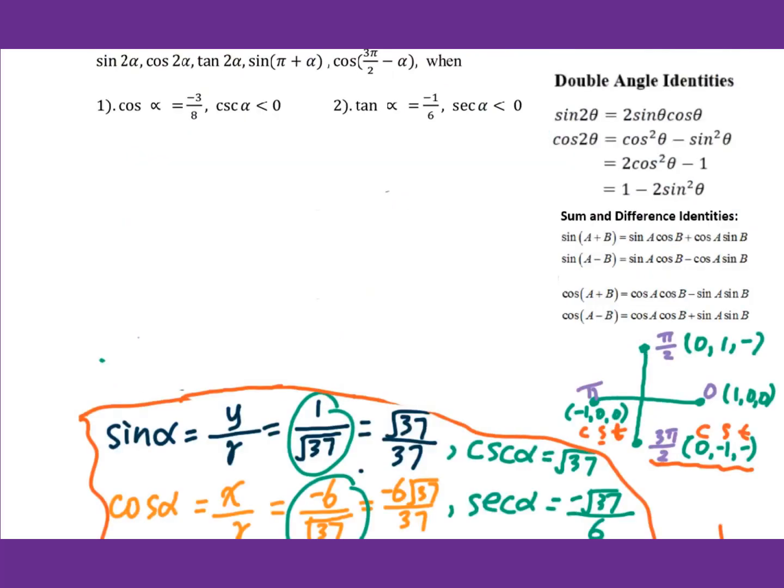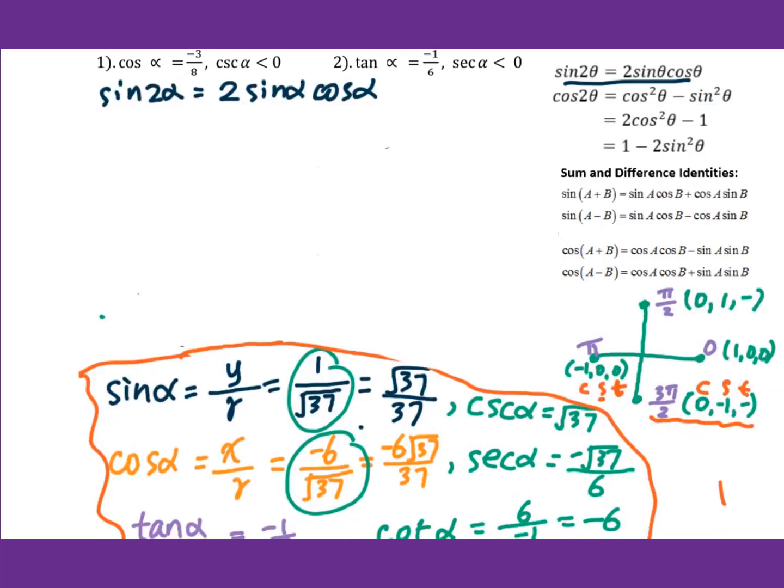Now we're working on sine 2 alpha, which equals 2 sine alpha cosine alpha according to this formula. The values for sine alpha and cosine alpha, we plug in. That makes things much easier.